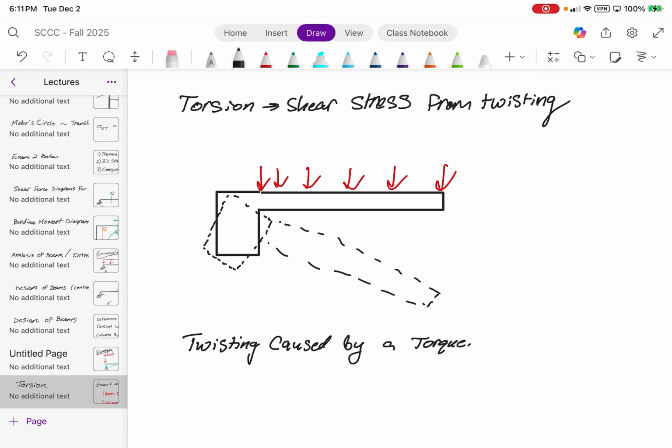Now, what we need to recall is several different terms. Let's recall 3 different terms: tau, gamma, and G. What did we call tau throughout the semester? Shear stress.